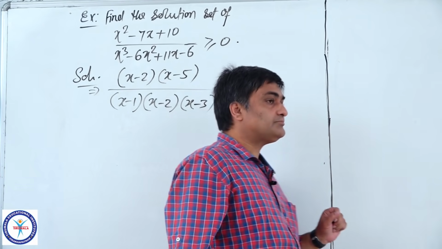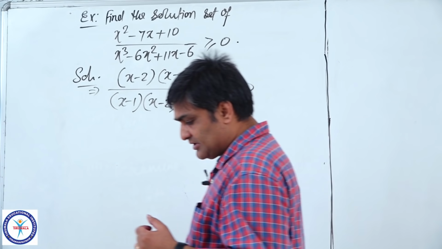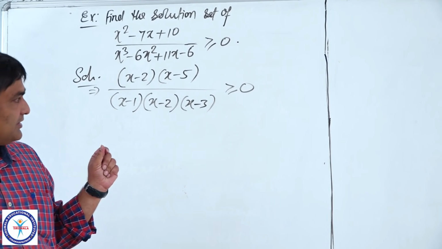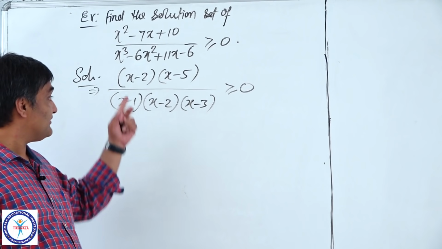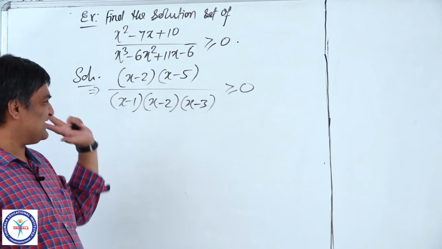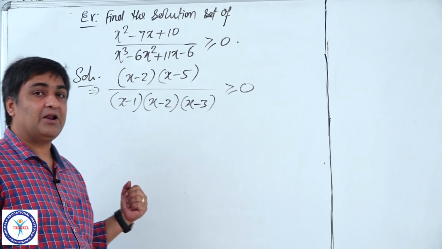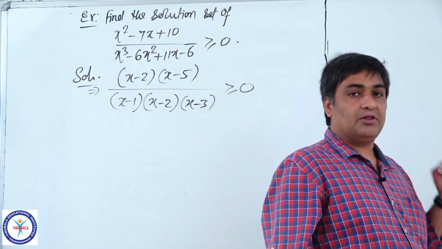See, x minus 2 is common in numerator and denominator, but you should not cancel. We may commit a mistake in writing answers if we cancel. So, just let it be. Now, on the number line, the theory is to write all the zeros.